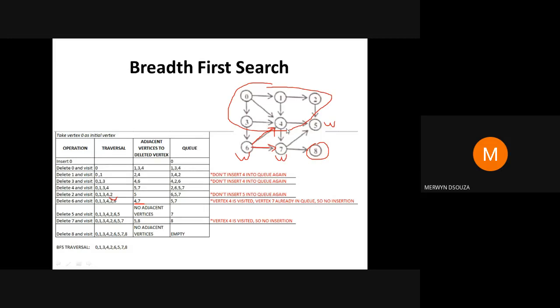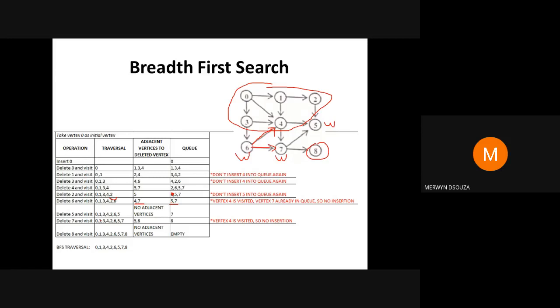Are they having any circle? No. So you cannot insert both of them. They are not in the initial state. Clear? Then continuing. 6 has been deleted, so now only two vertices are left, 5 and 7.